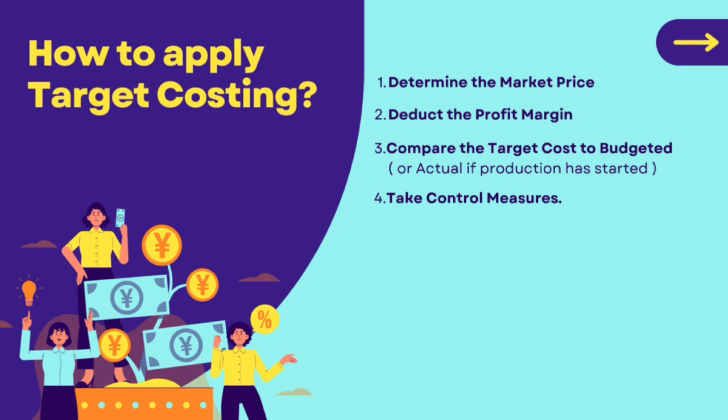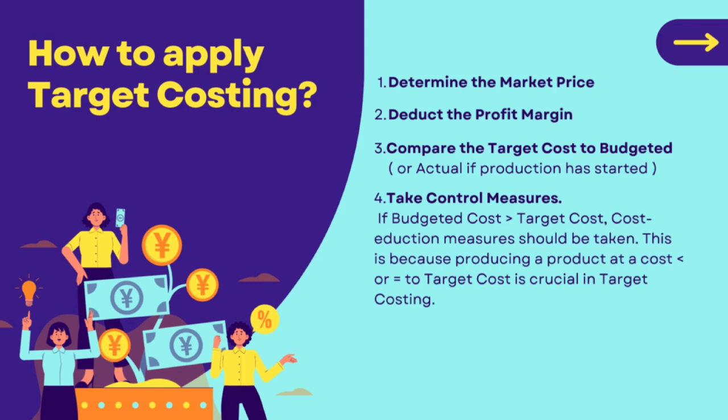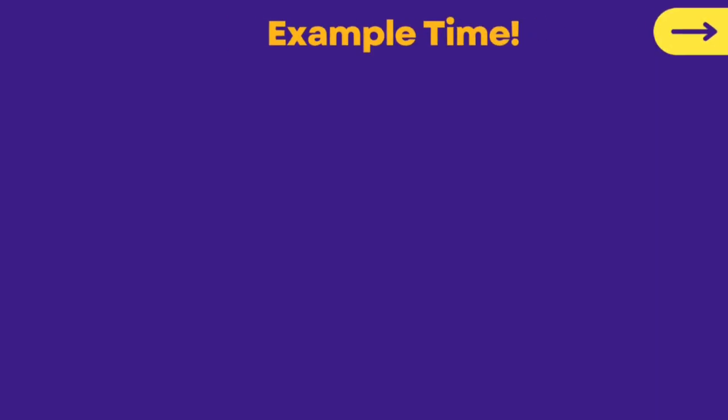If the budgeted cost is higher than the target cost, reduction actions must be taken. This is important because producing the product at a cost lower than or equal to the target cost is crucial in target costing. Also remember, target costing can only be used when you clearly understand the market and customer.